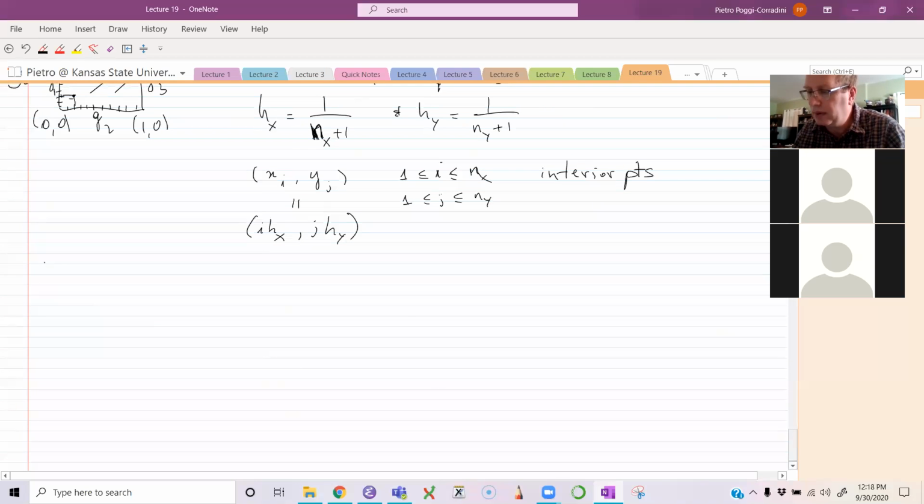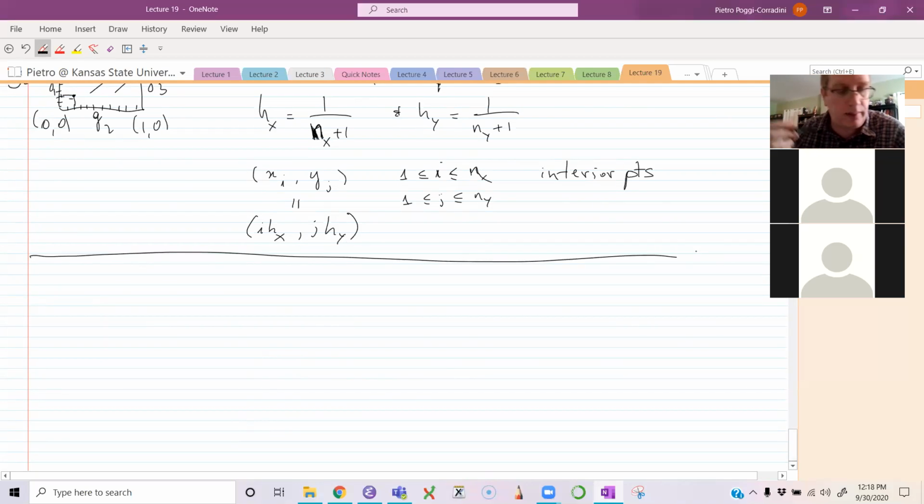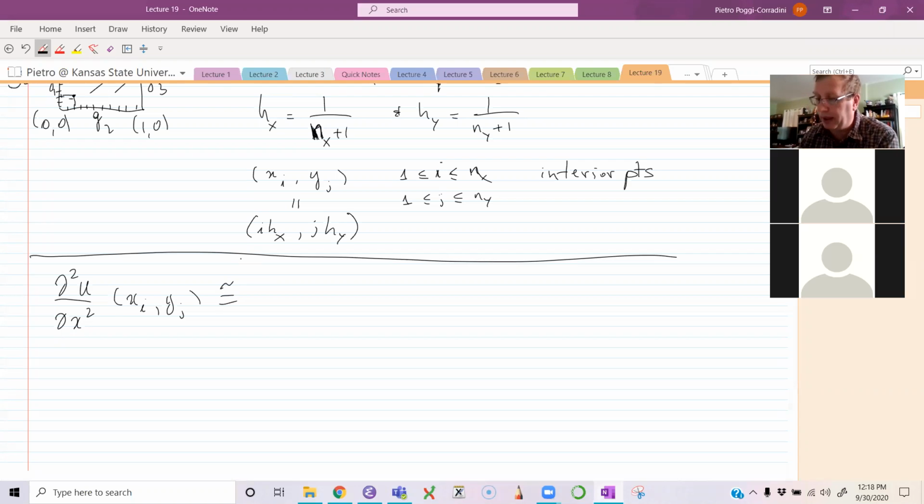Clear enough, I think. All right, so now we're going to do the same thing as before. We want to approximate the partial derivative. So for instance, two derivatives in x at a point (xi, yj). How would you approximate this? There are many ways to do it, but let's do it this way. So here, this is (xi, yj).